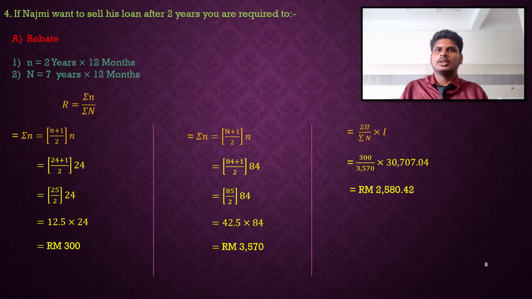You will get the answer RM 2580.42. This is the amount Najmi saves by repaying the loan earlier.